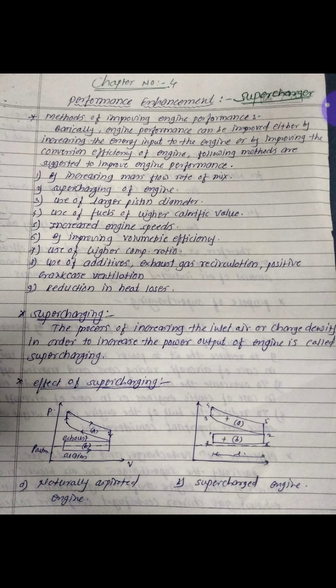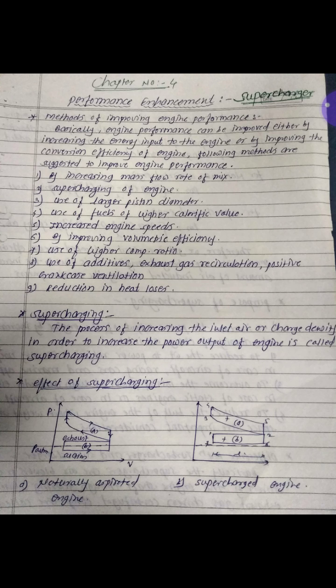Next, use of a larger piston diameter. If we use a large diameter piston, then whatever the force exerted over that piston is more, and we get more mechanical energy from the engine. Next is use of fuels of higher calorific value.